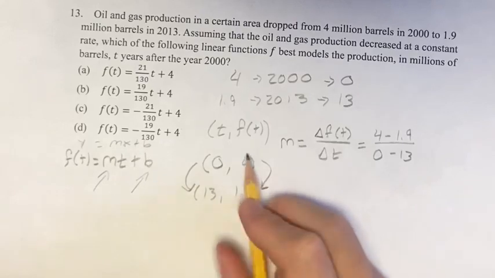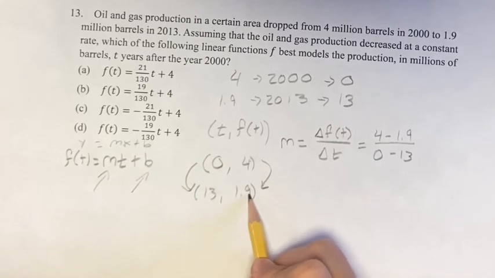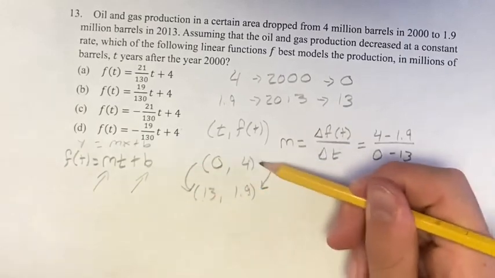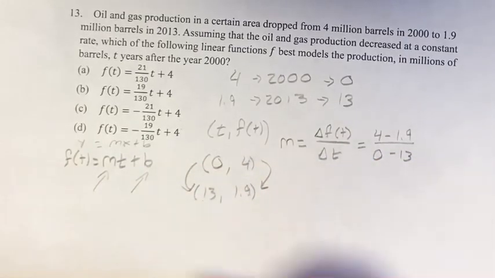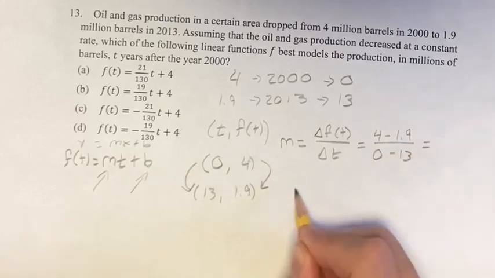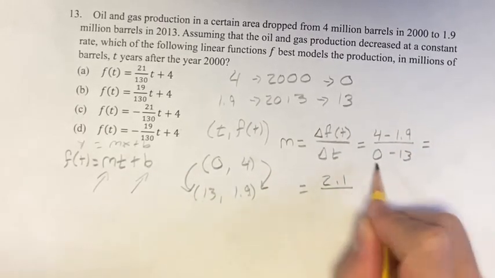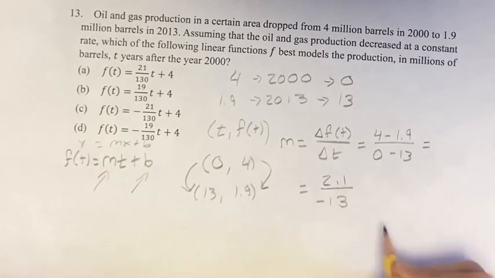And remember, if we're subtracting 4 minus 1.9, we have to subtract in the same direction, so 0 minus 13. Subtract in the direction of the arrows, and make sure the arrows are going in the same direction. So 4 minus 1.9 is 2.1 over 0 minus 13 is negative 13.